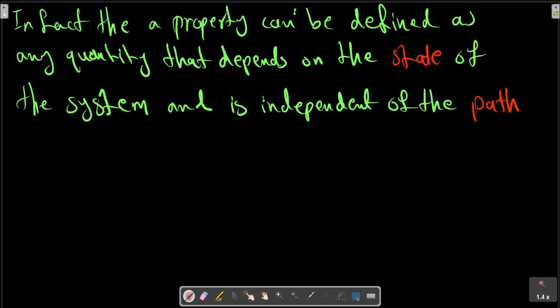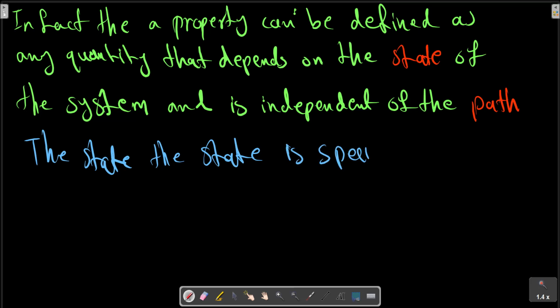Conversely, the state is specified or described by the properties.